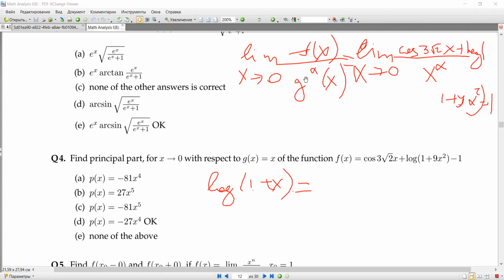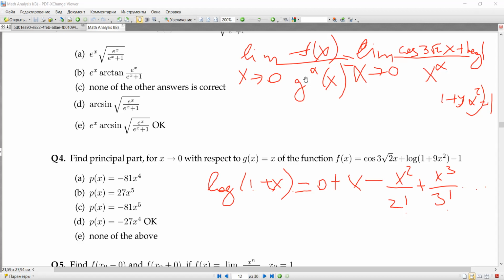It is just 0, yes? So 0 plus x minus x squared over 2 factorial plus x cubed over 3 factorial, and so on. Did you remember the formula? So that's why we can use this kind of formula here.